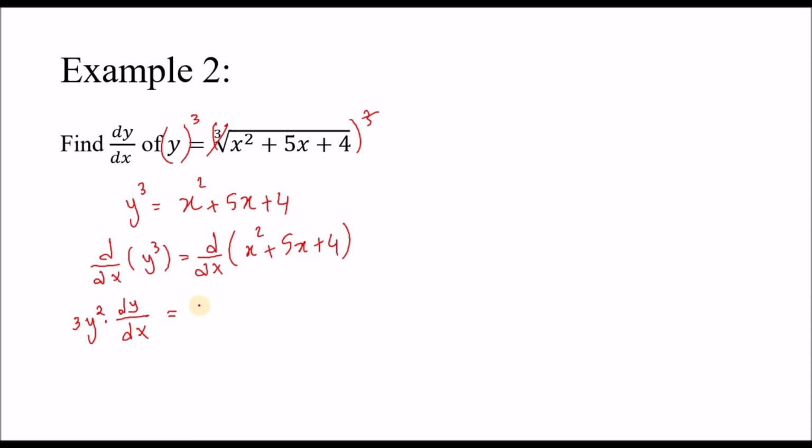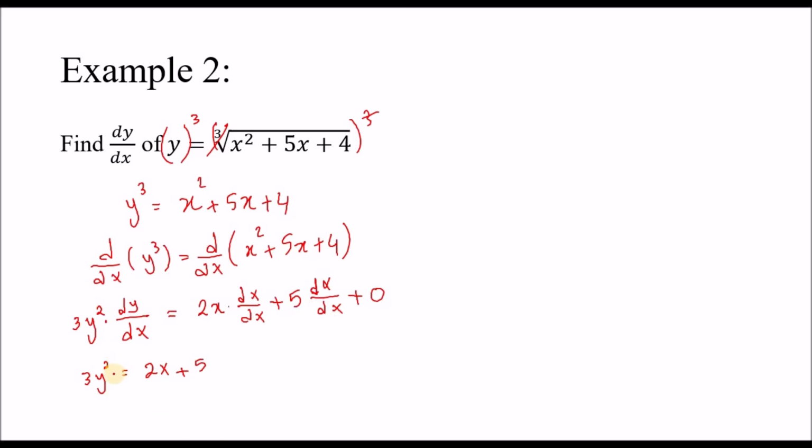So I will have 2x to the first power times dx over dx plus the 5 comes out using the derivative rules, and then the differentiation of x is 1 times dx over dx, and then plus the derivative of a constant is 0. I know that dx over dx is equal to 1, so I'm going to replace that. I will have 3y squared is equal to 2x plus 5.